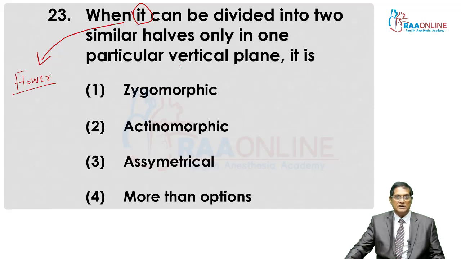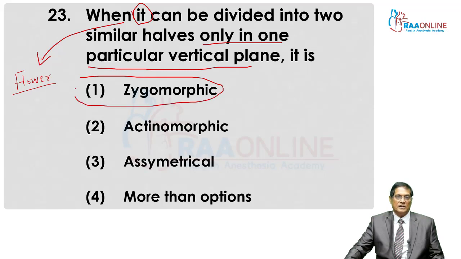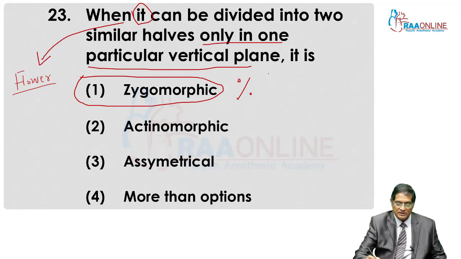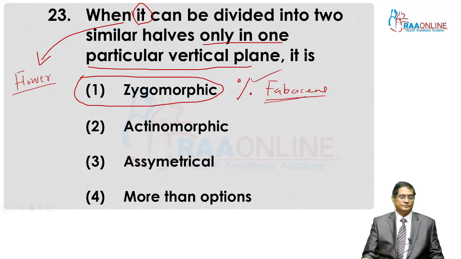See clearly, only in one particular vertical plane, then the answer is zygomorphy. Its sign is the percentage sign, and zygomorphic flower is seen in the members of Fabaceae. The other two families have actinomorphic flowers. The Fabaceae family is known for zygomorphic flower.